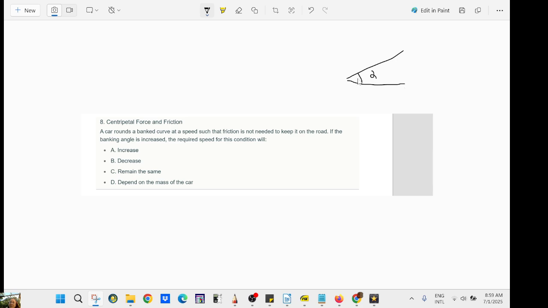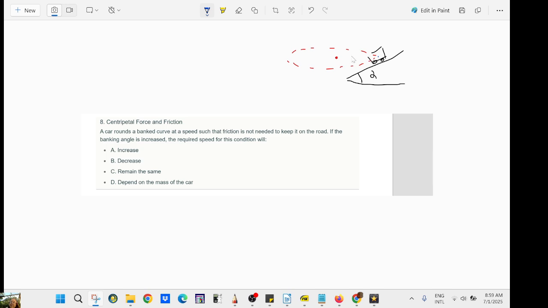If you have a race, like you have in Daytona Beach, for example, you have a car here, and it's going to go around a circle. This is the center of the circle, so it's going to go around like this. In that case, there is a centripetal force here.